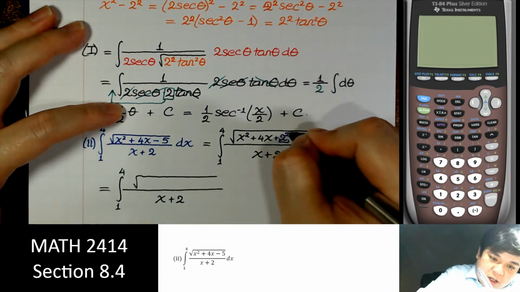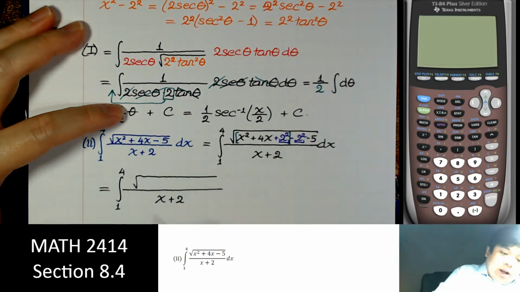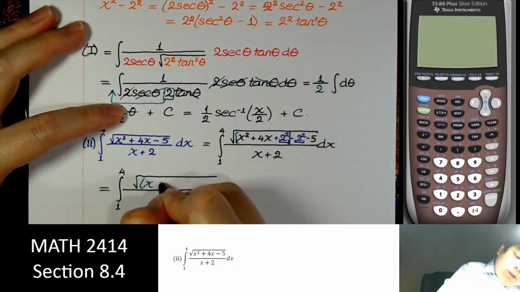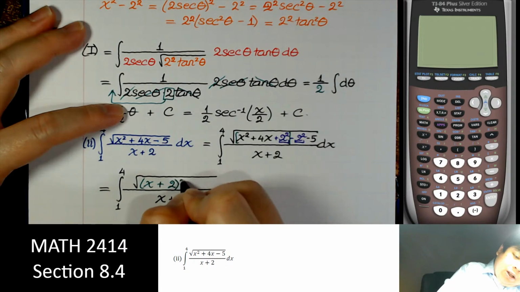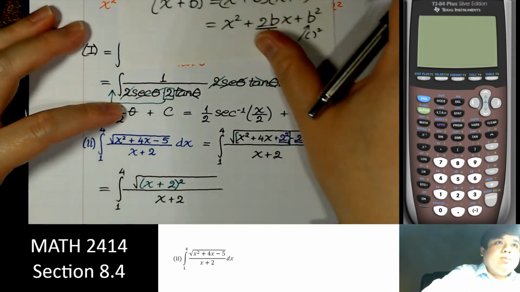So that the first 3 terms here, we make a square, x plus 2 square.